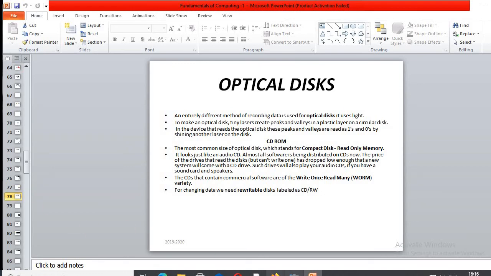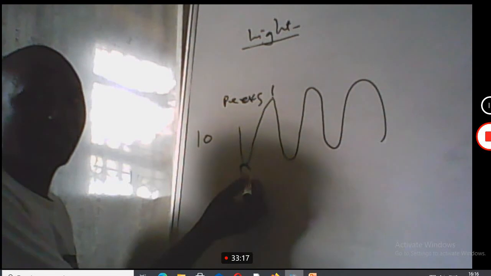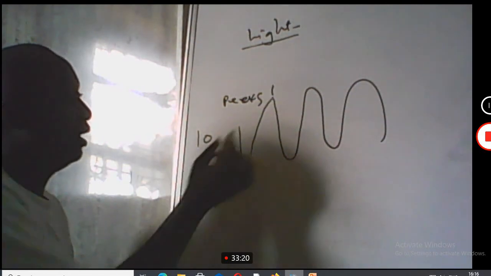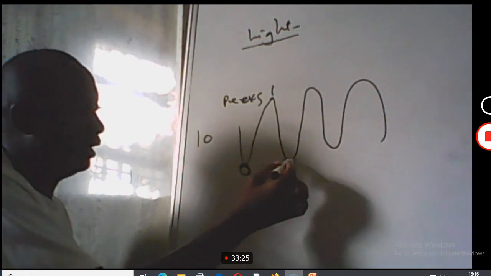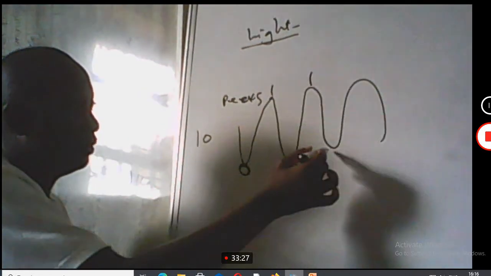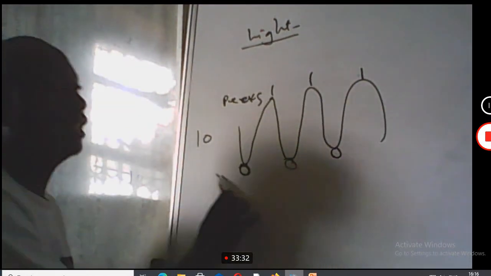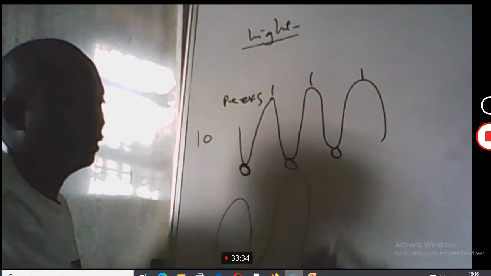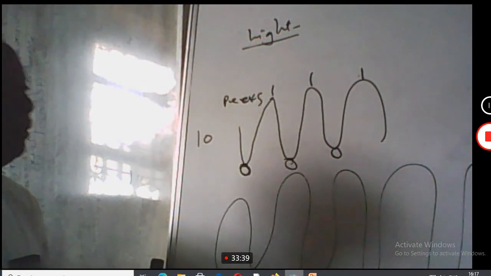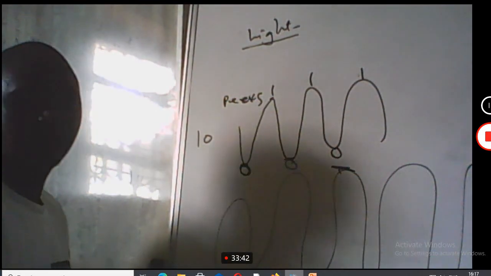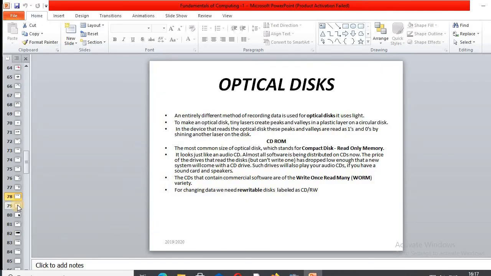This peak here is a 1, this valley here is a 0, this peak here is a 1, this valley here is a 0, this peak here is a 1. So it's written in that kind of waves. Are you getting that? Making valleys and what? And peaks. So this is a peak and this is a valley. I hope we are together.